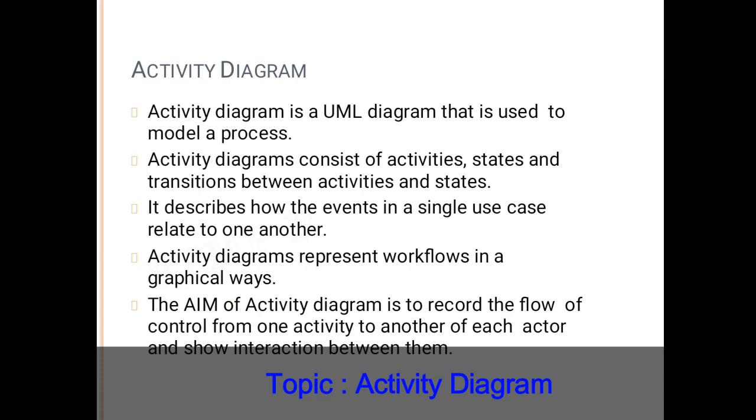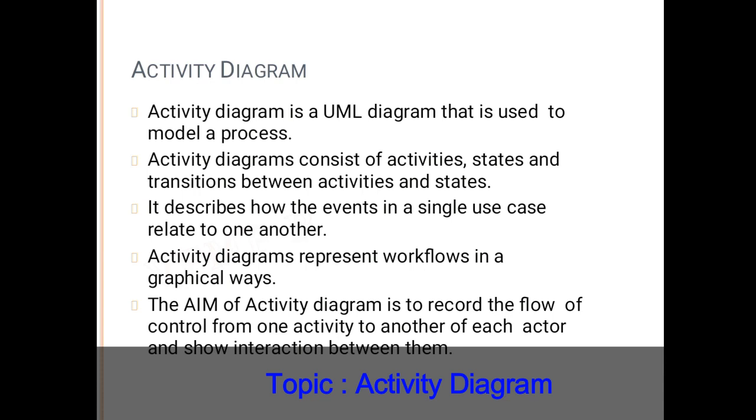The aim of an activity diagram is to record the flow of control from one activity to another for each actor and to show the interaction between the user, which we can also call a client or employee, and the system. Suppose I give the example of a bank ATM system.